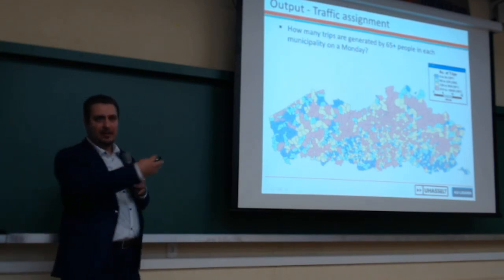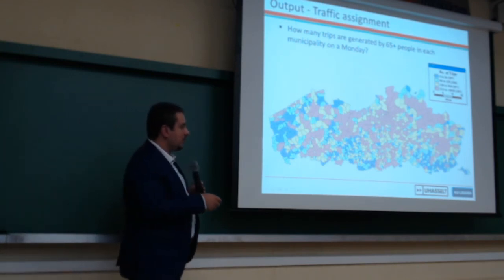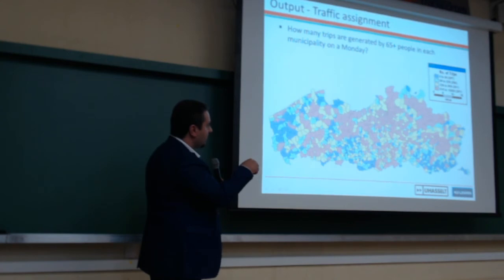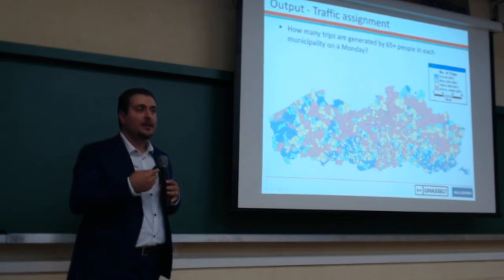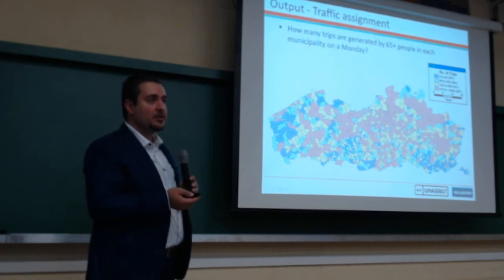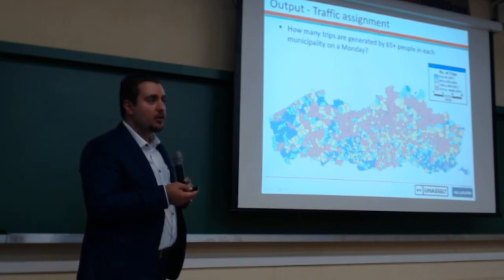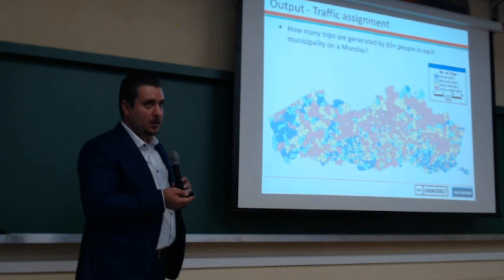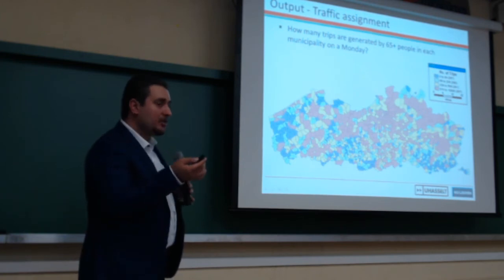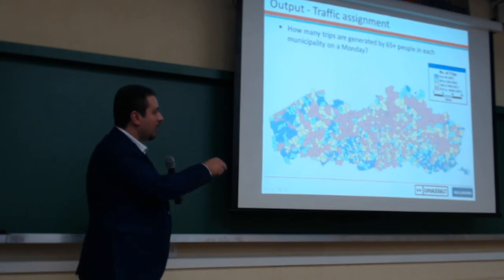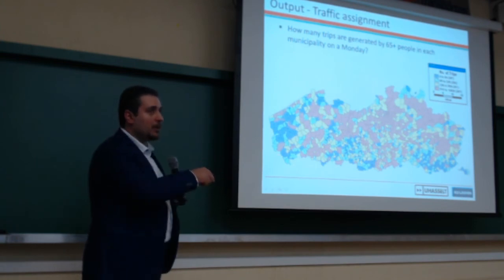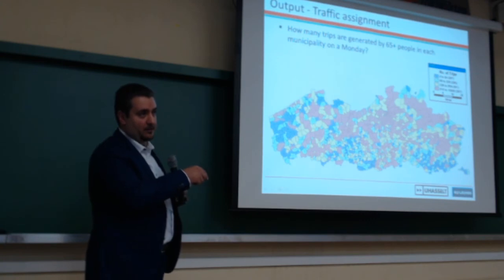So what can we actually learn from this figure? For instance, if you look at those purple ones, the majority of them are at the borders. So we already know, as a matter of fact, that our public transportation at borders are not so good. So it could actually explain why those people are less mobile and why there are less people actually active in those areas.